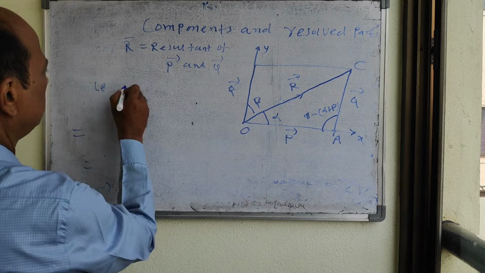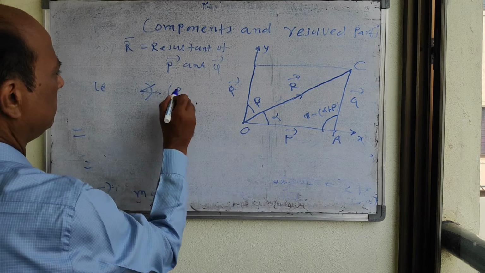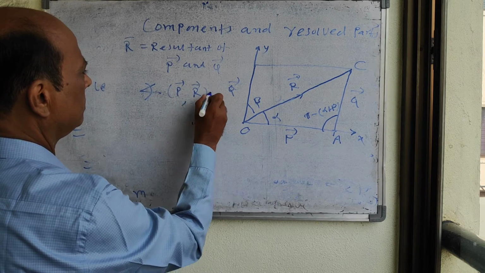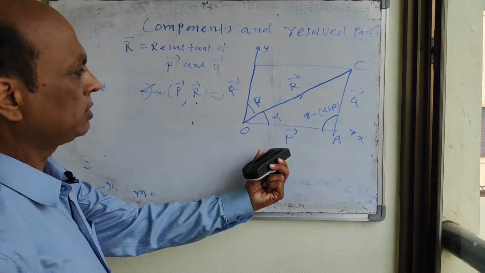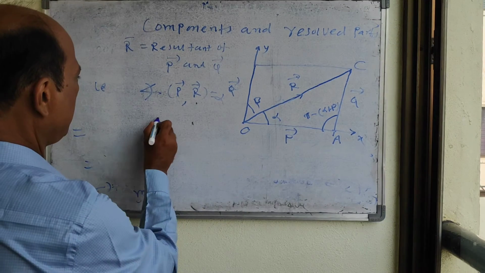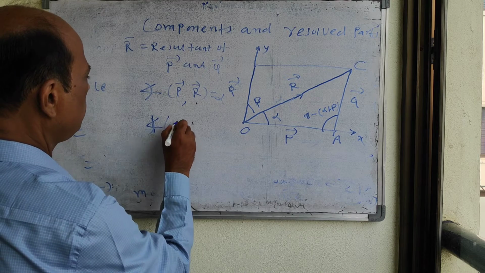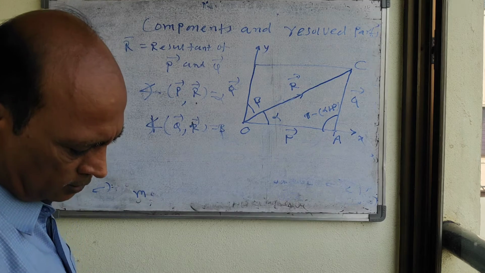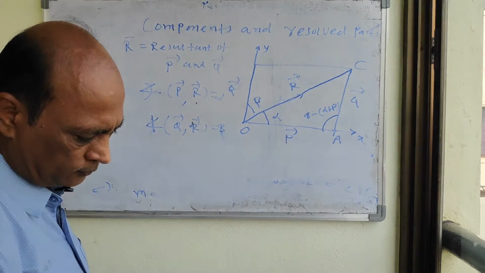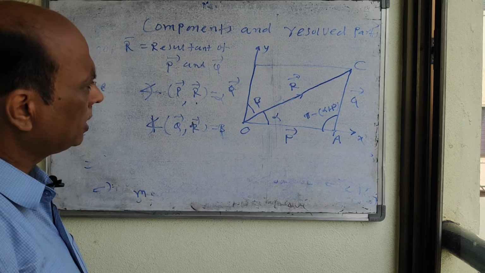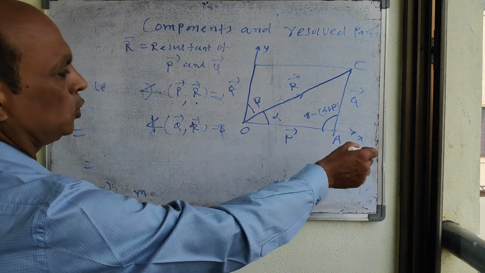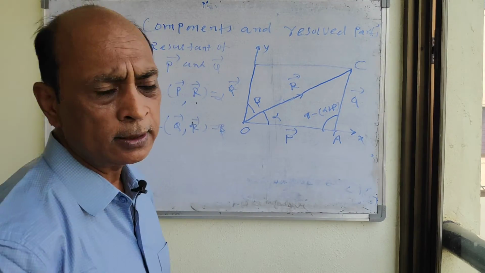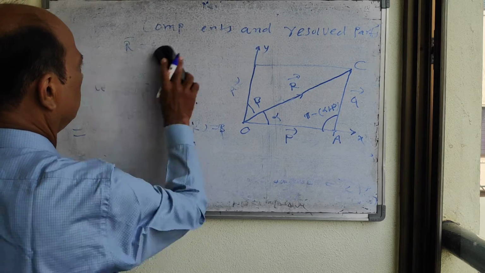Now let the angle between P bar and R bar be alpha, and the angle between Q bar and R bar be beta. Now, if we consider this triangle COA, we can use the sine rule.